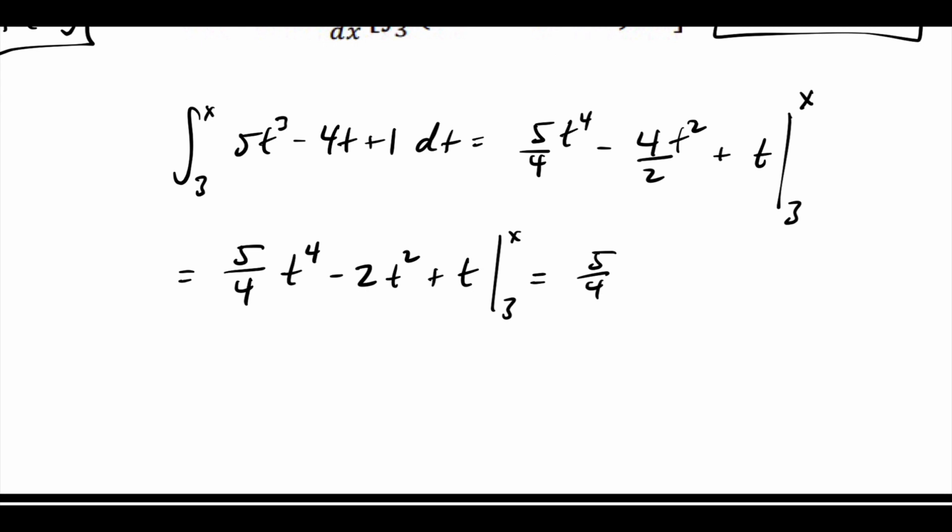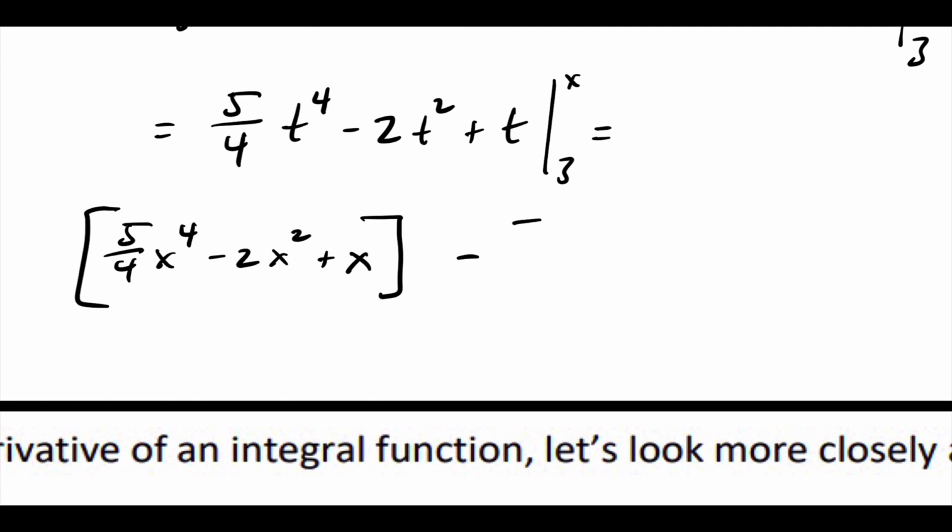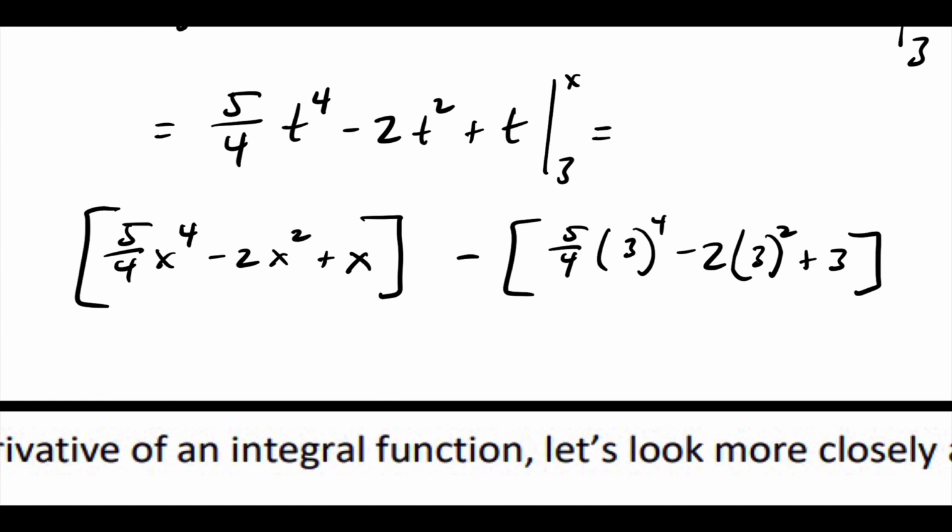So if I plug in x, I just get 5/4 x to the fourth minus 2x squared plus x. This part we've done before many, many times. And then if I plug in 3, I'm going to get 5/4 times 3 to the fourth minus 2 times 3 squared plus 3.